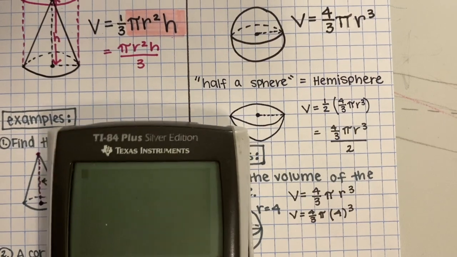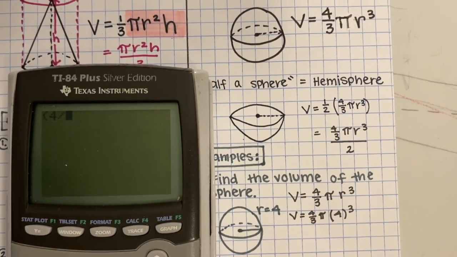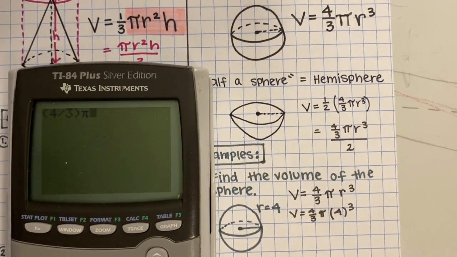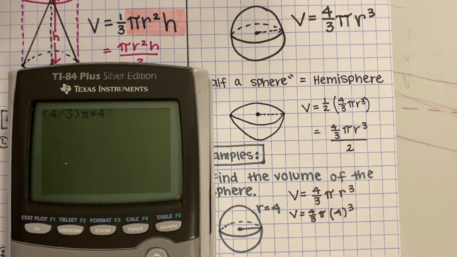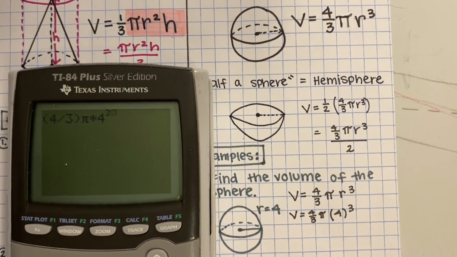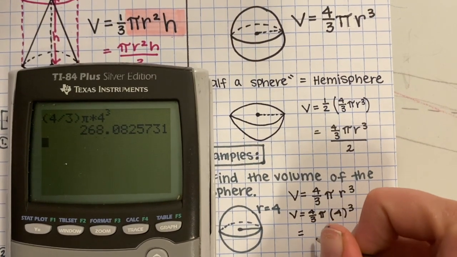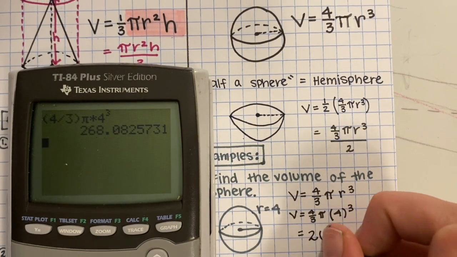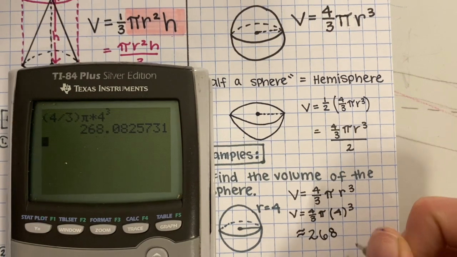So this is going to be in my calculator as 4/3 pi, and I can use the actual pi symbol, times r cubed. And in order to do cubed, you're going to use this little up arrow and then put the 3. So the volume of this sphere with a radius of 4 is 268, about.